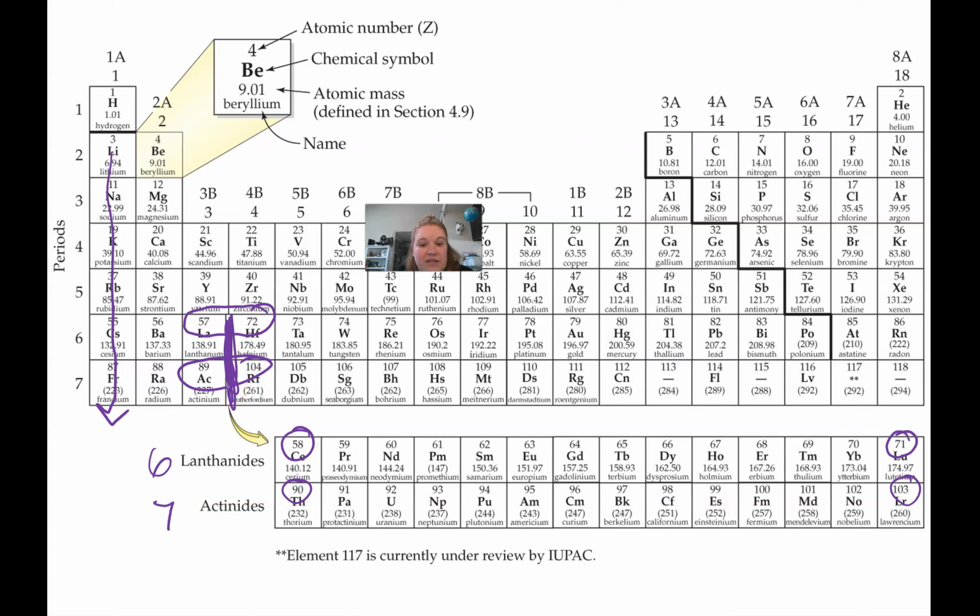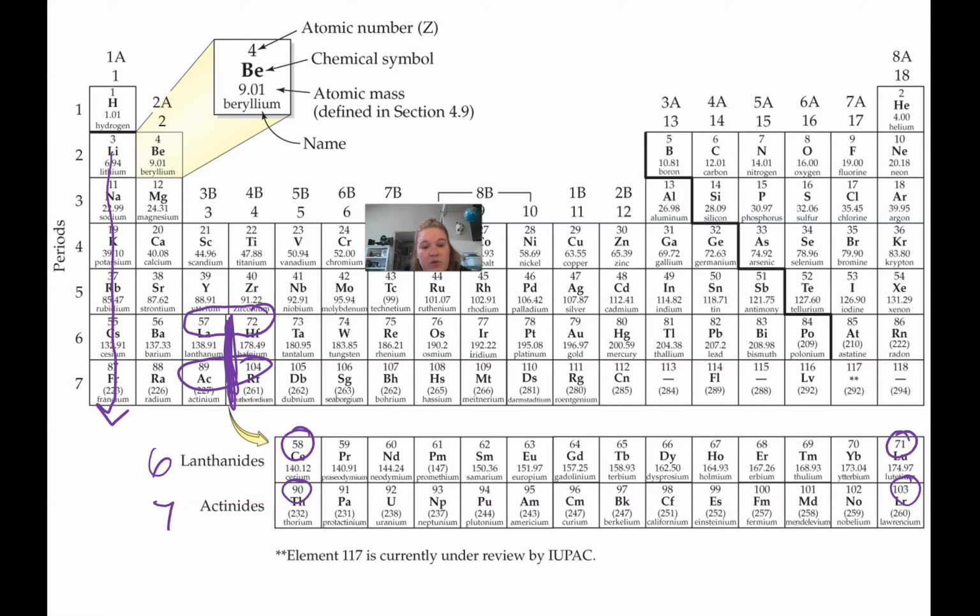And the only reason they're not put right there is because it wouldn't fit well on a piece of paper. So they get removed and put down as a little insert on the bottom of the page. So it's done for a really dumb reason, and it makes it more confusing. People don't always realize that it belongs in the middle of our periodic table.